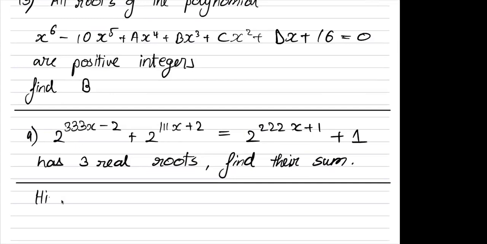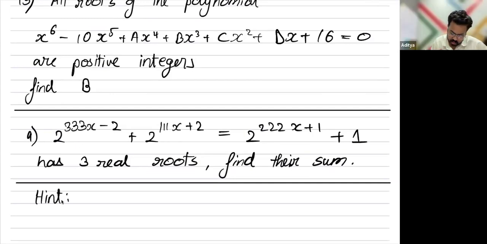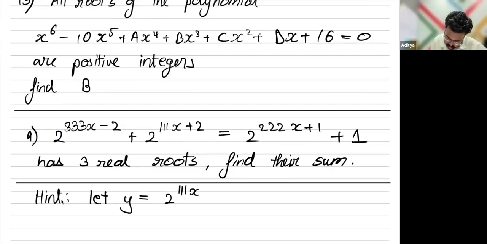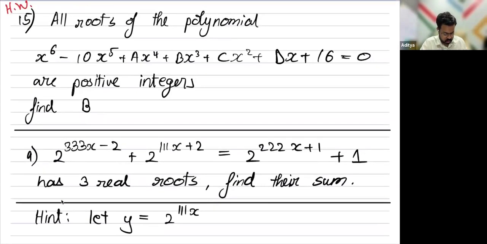Sir, is my answer correct? For which question? Sir, 15. 15 not correct. Anya not correct. But you are on the right track probably. Arav not correct.